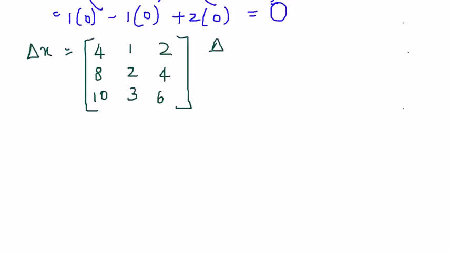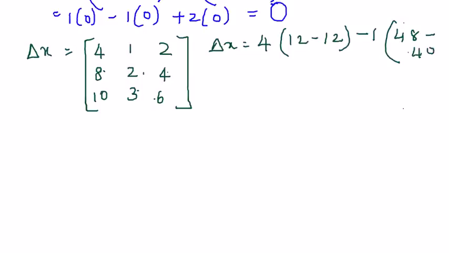So del x will be equal to 4 into 2 into 6, 12, minus 3 into 4, 12, minus 1 into 6 into 8, 48, minus 40, plus 2 into 8 into 3, 24, minus 10 into 2, 20.